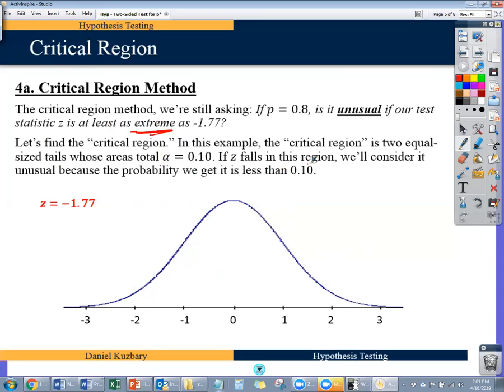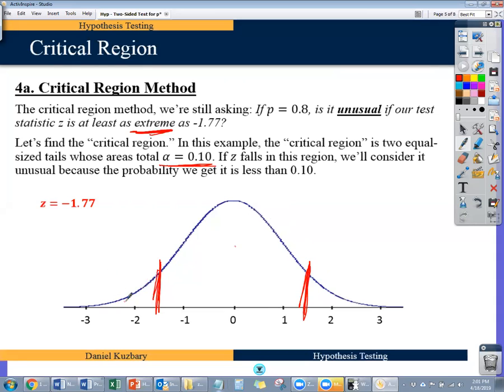So the critical region is going to be two equal sized tails whose area totals 0.1. In other words, we're going to find a tail over here and a tail over here, and their areas combined should be equal to 0.1.